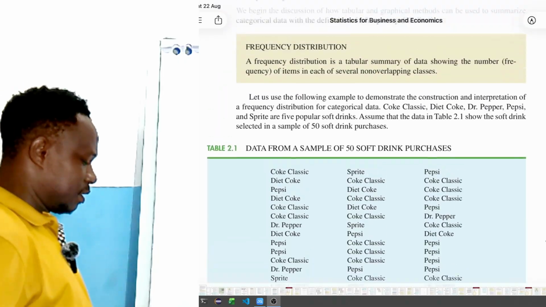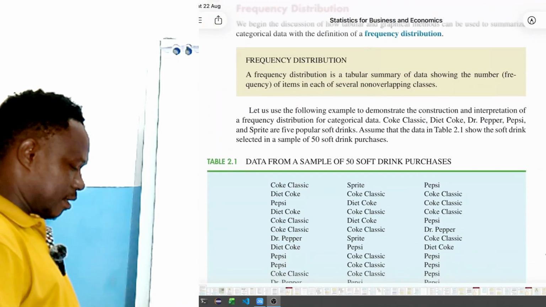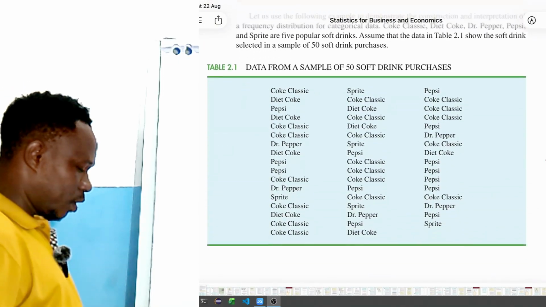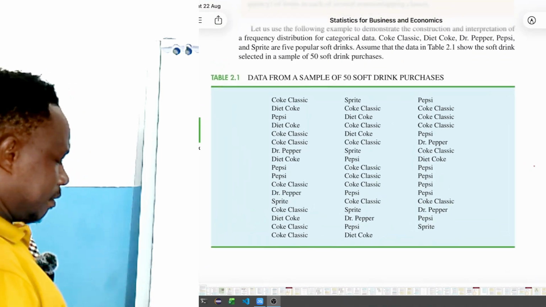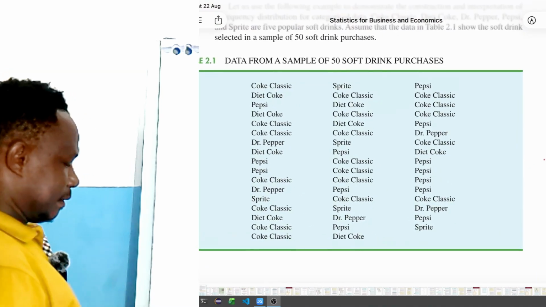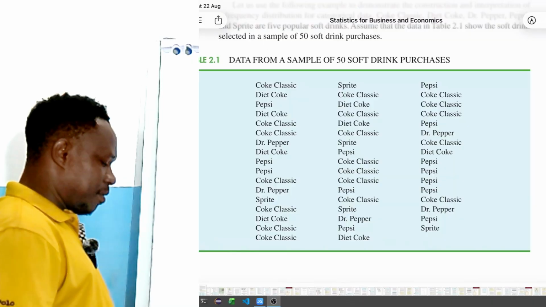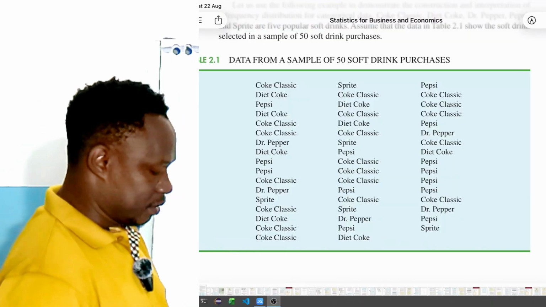The question says here that the data is from a sample of 50 soft drink purchases.